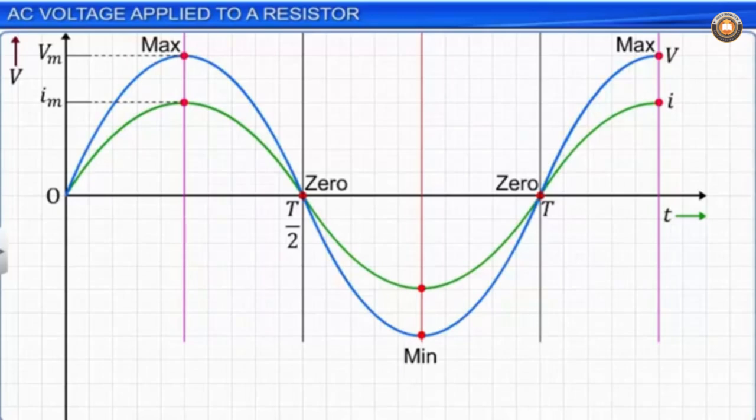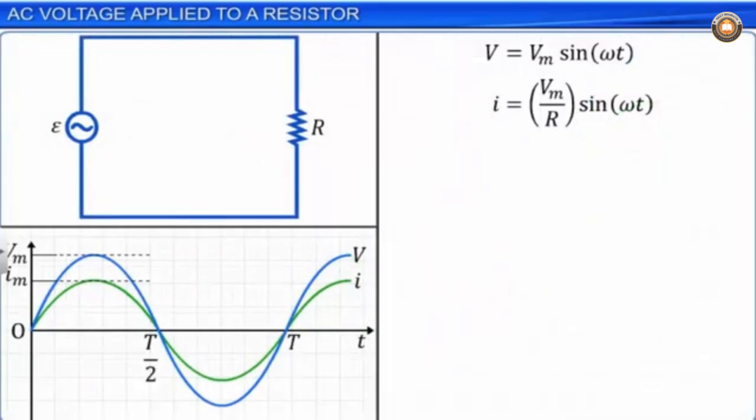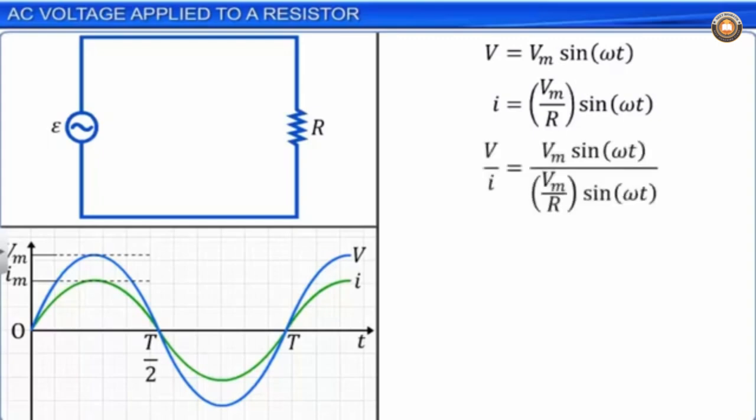The fact that the current and voltage are in phase can be seen more clearly if we divide the instantaneous voltage V by the instantaneous current I. Therefore, the ratio of the instantaneous voltage V and instantaneous current I is a constant of magnitude R. This means that the ratio of voltage to current is constant.